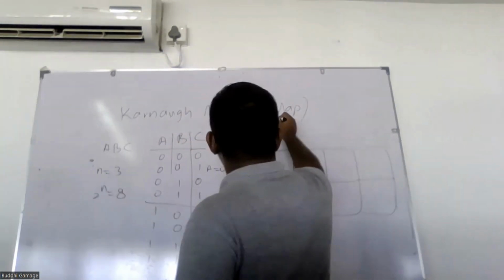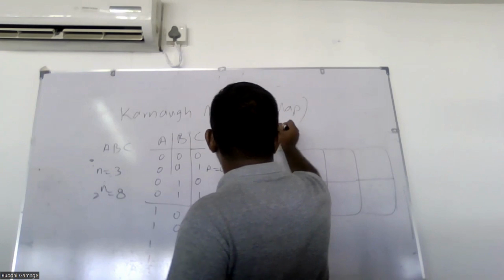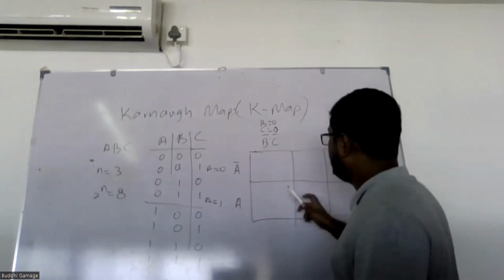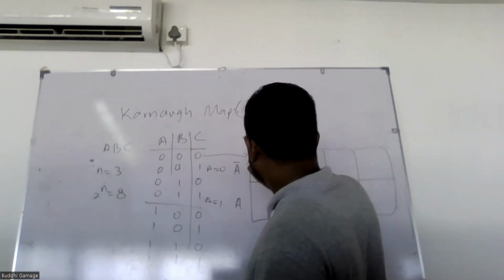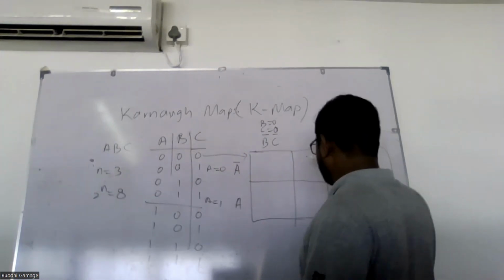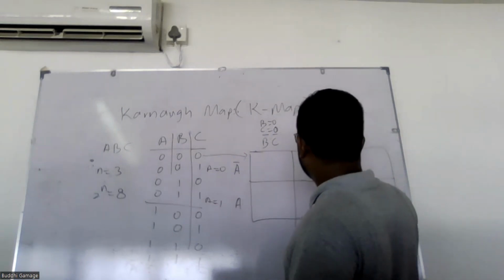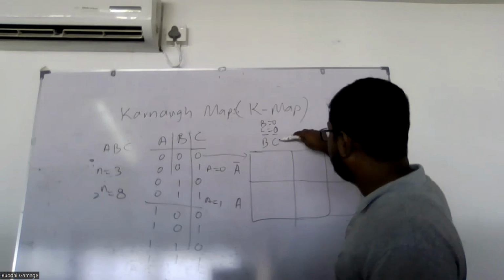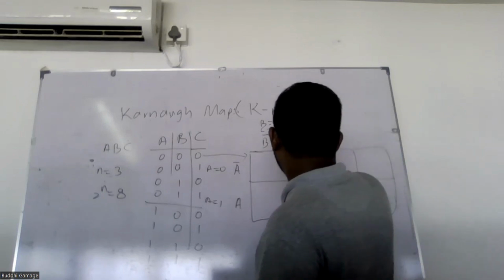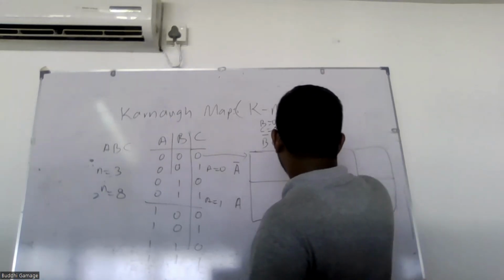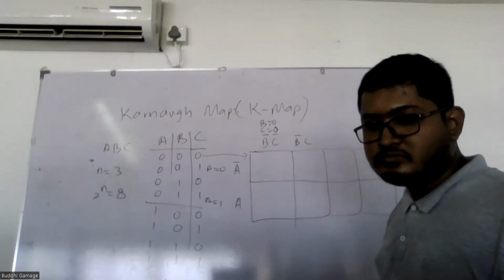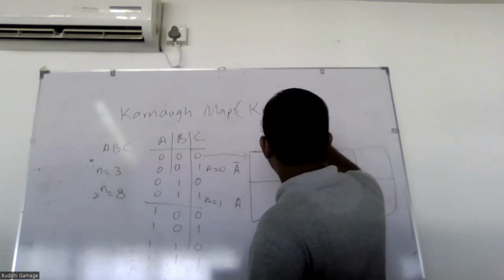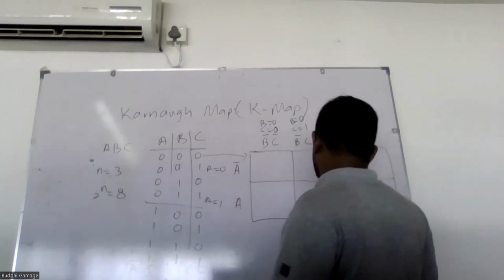Here B is equal to 0 and C is equal to 0, so that's this cell. And for this one, A is equal to 0, and we can only change one variable here. So that means B bar C, B is equal to 0, C is equal to 1.